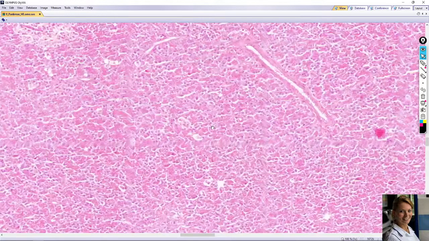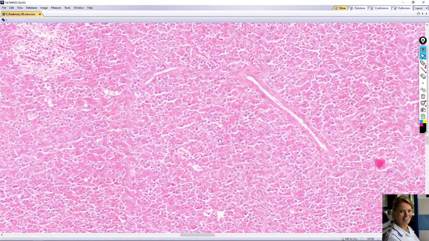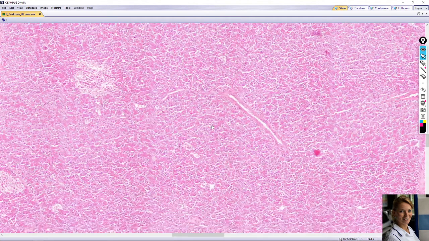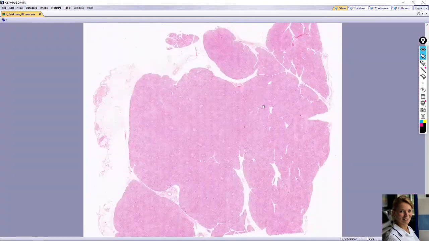In parotid, there are striated ducts and myoepithelial cells, but not in pancreas. So that's all for the pancreas.